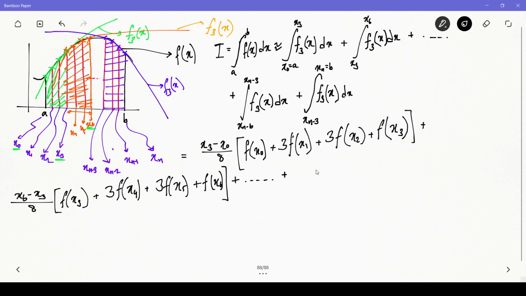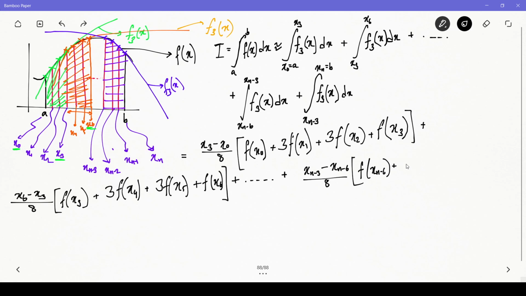Okay, so for the second last term, what do we have? We have xn minus 3 minus xn minus 6 divided by 8 times what? We have f of xn minus 6 plus f of xn minus 5.